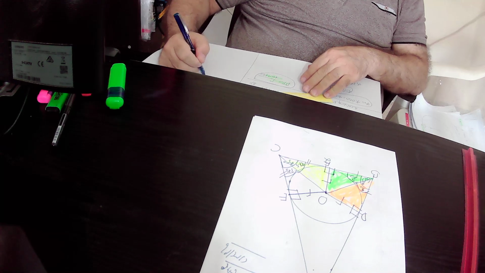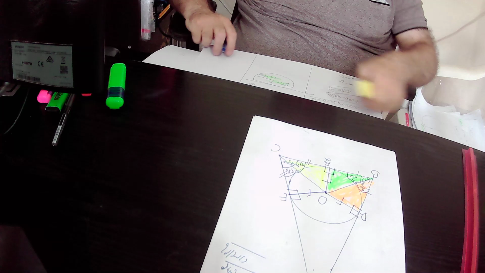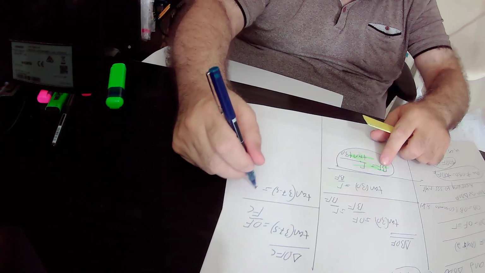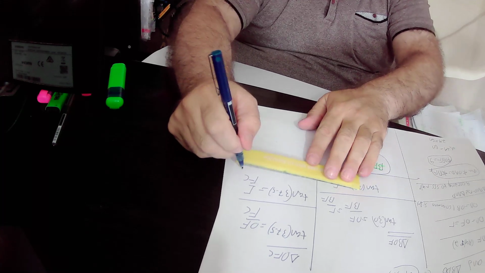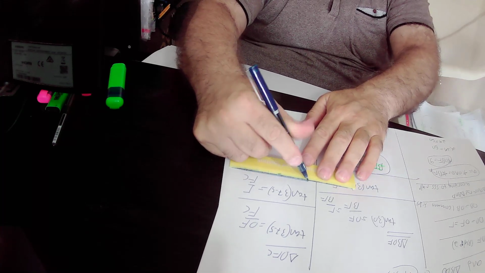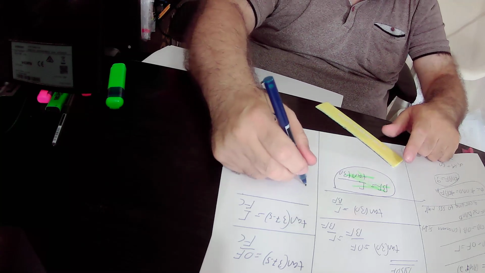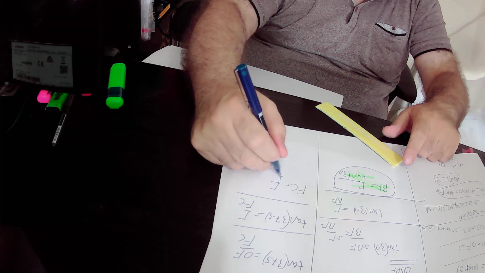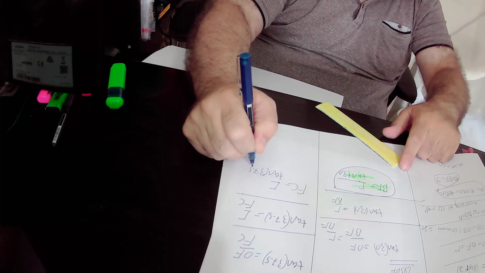OF is R, so we substitute OF by R. Here we multiply this equation by FC and then divide it by R, and we'll get that FC equals R over tangent 37.5 degrees.